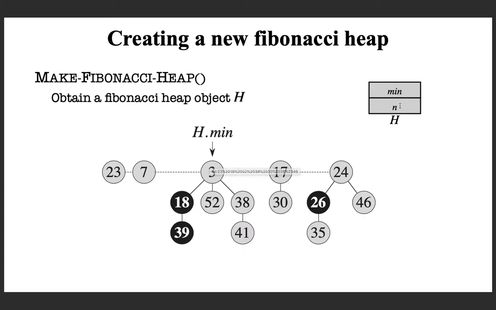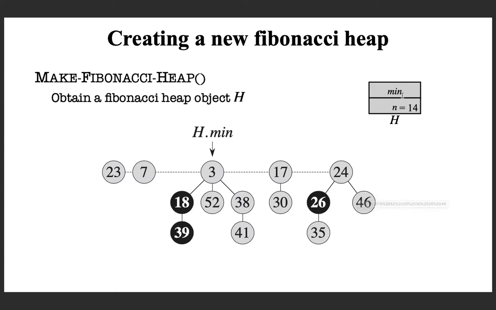And there is one more field in the header node, which is nothing but the number of nodes in the given heap instance. For example, here it is 14. You can just count, you can see that there are 14 nodes in this heap instance.